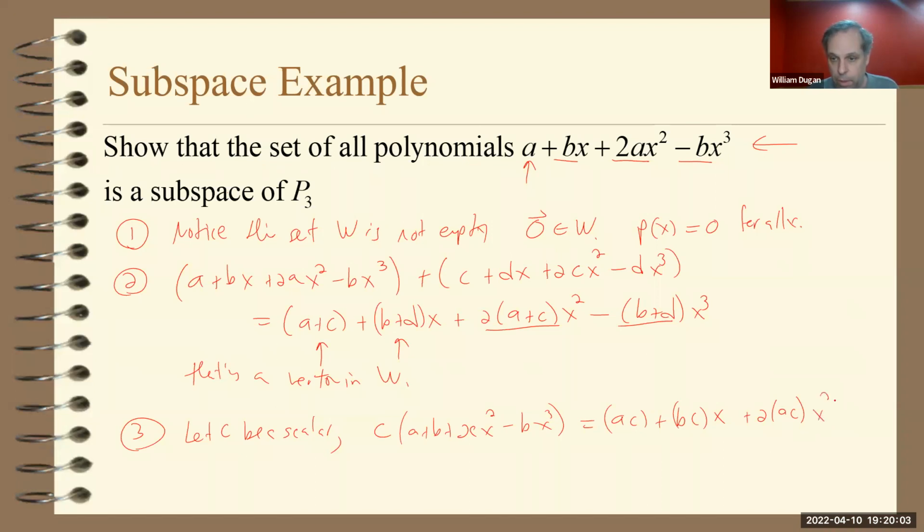And that is in W. It's in that set because it has the form I needed: this thing is twice that, and this one is the opposite of that. So this particular set of all polynomials of this form is a subspace of the set of polynomials of degree 3 or less.